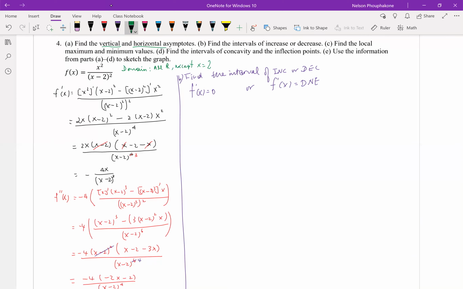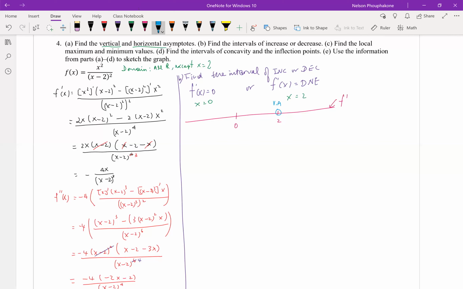Of course, for this one, we know that x is equal to 0 and x is equal to 2. And now, remember in this case, x equal to 2 is a vertical asymptote. Keep that in mind here.